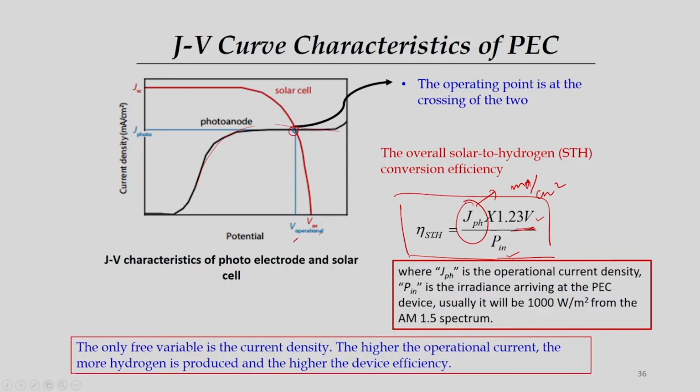So, here this conversion efficiency is a function of current density. Okay. So, higher the operational current, that is current density, the more hydrogen is produced and the higher device efficiency. So, if you can increase this value, then it is expected to get higher overall solar to hydrogen conversion efficiency.